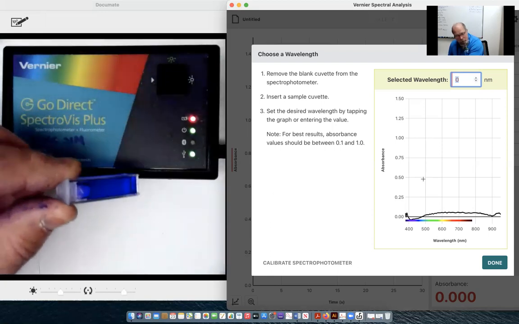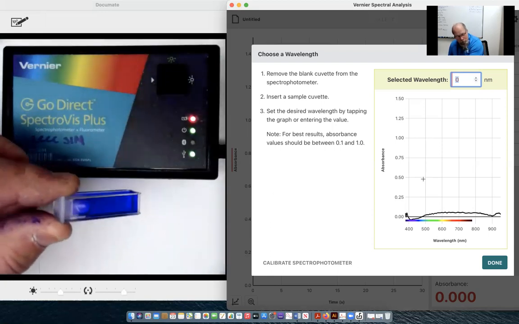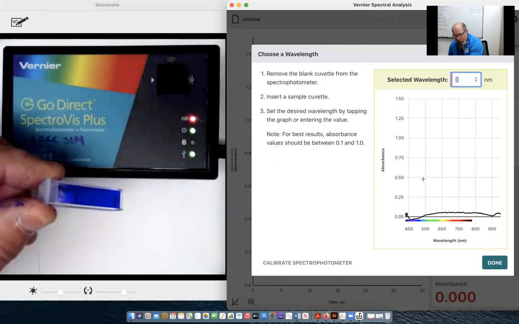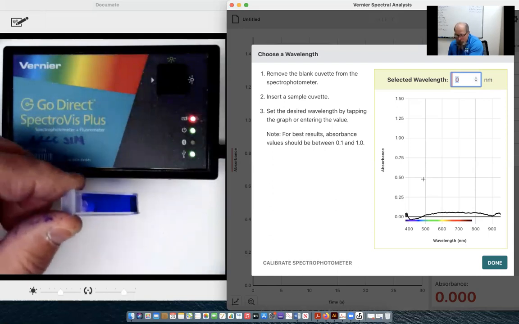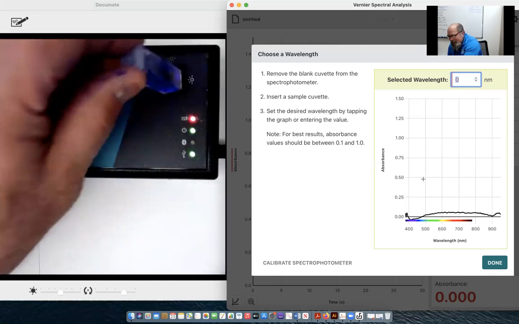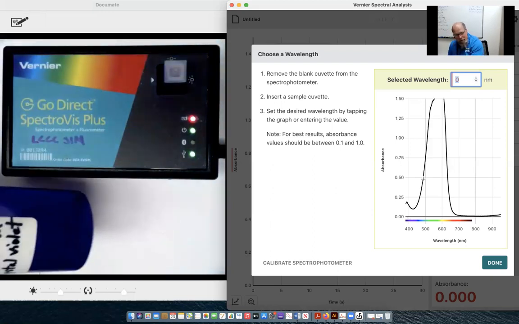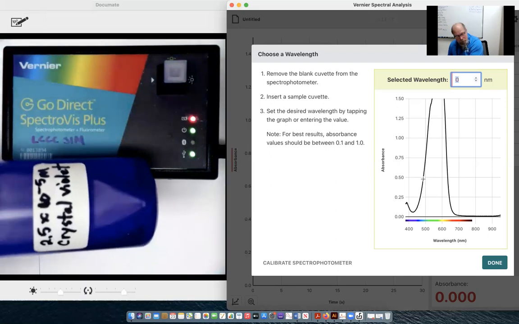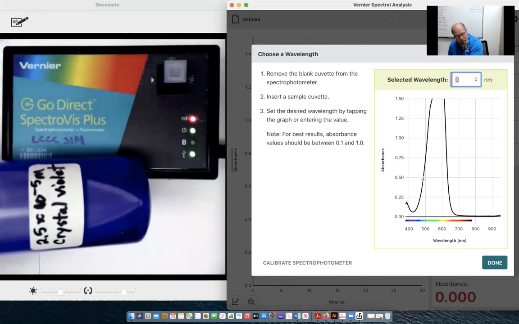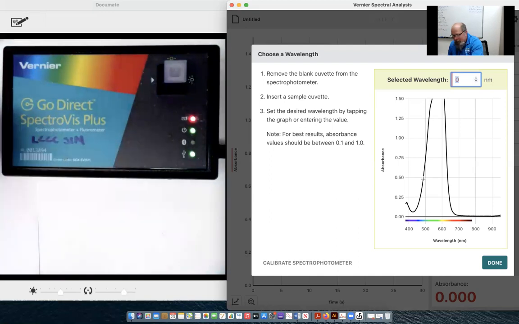Next, what I'm going to do is take some that have this purple colored crystal violet in it. This is my standard. It's 2.5 times 10 to the negative 5th molar. So as far as a sample goes, that's very dilute. It's not a very high concentration.